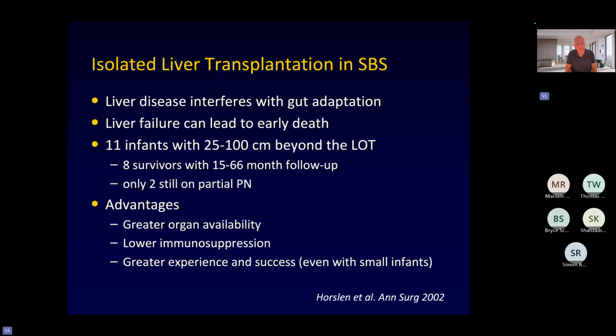So the advantages of isolated liver transplantation is that there's greater organ availability, there's lower immunosuppression, so it's better tolerated, and there's greater experience and success, even with small infants. However, with the techniques that we've learned to try to limit liver disease, liver transplantation in intestinal failure should be reduced dramatically over the next several years.